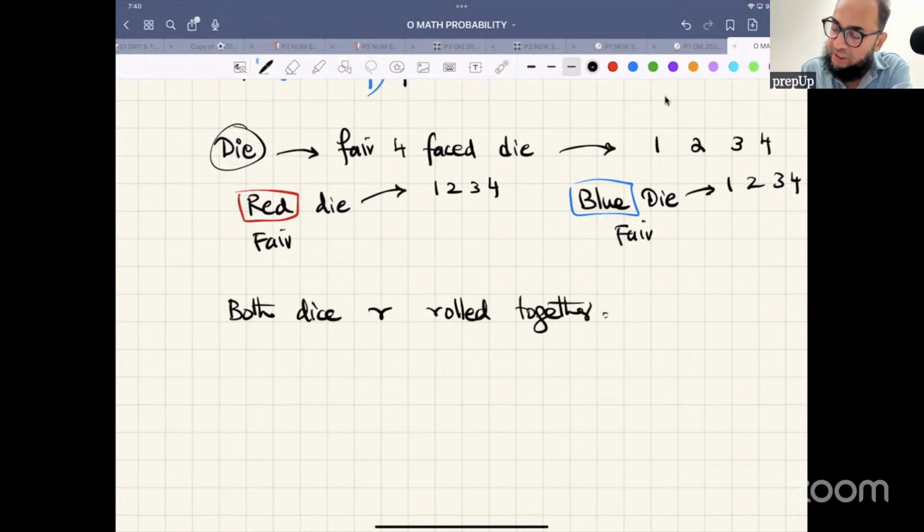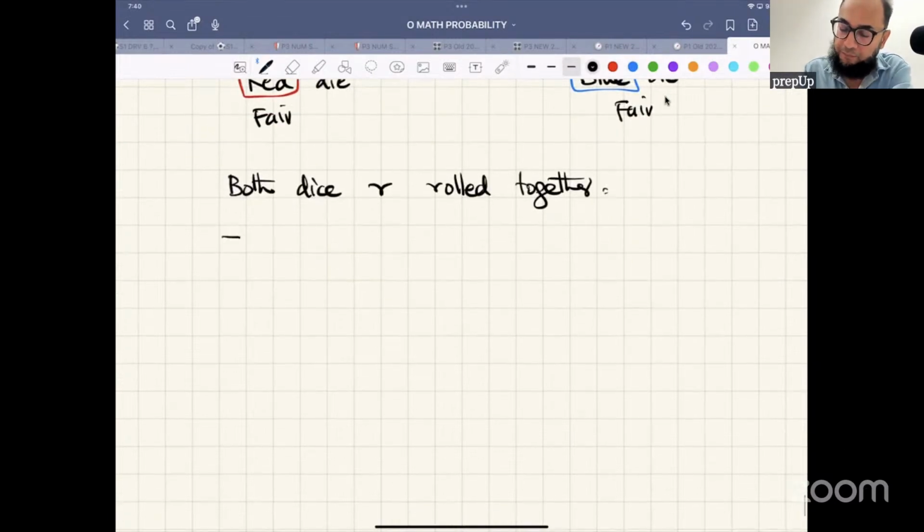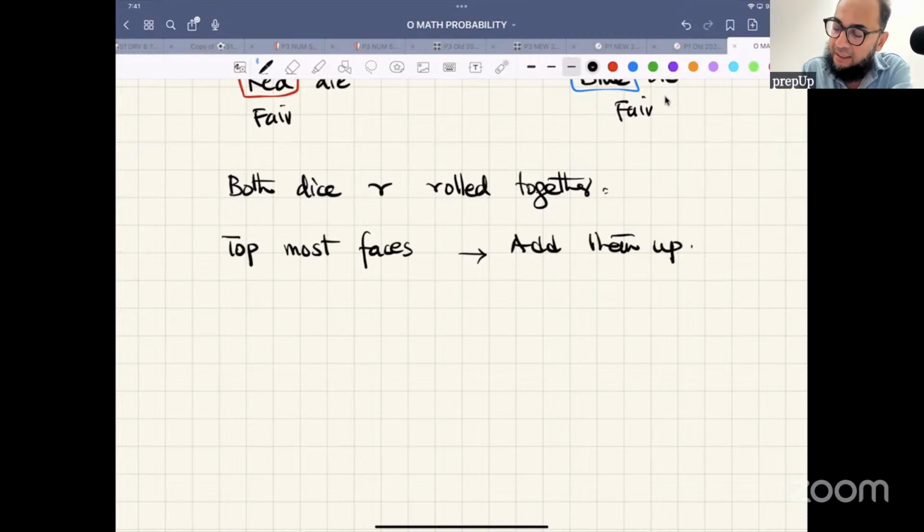If both dice are rolled together, we are looking at the numbers on the topmost faces and we will add them up. So we roll 2 dice. Let's say I get the number 1 from here, I get the number 2 from here. 1 plus 2 adds up to 3.